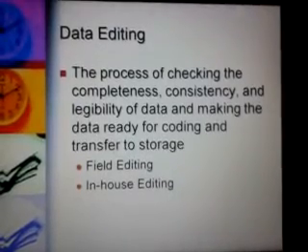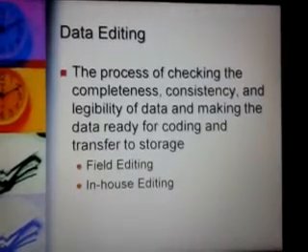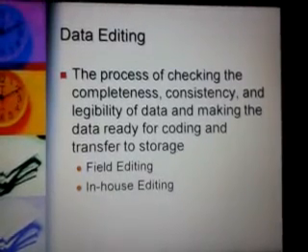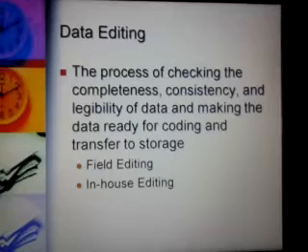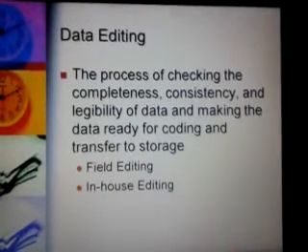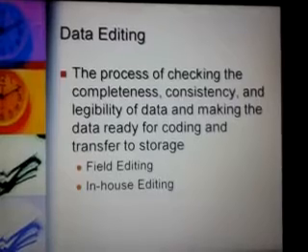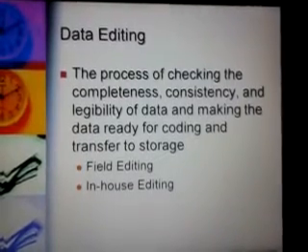easier for the researchers, because even if a respondent has not filled in his or her age, or has not marked the answer of gender, the field interviewer knows that it was a male who has not ticked the gender section, so we can do that field editing.